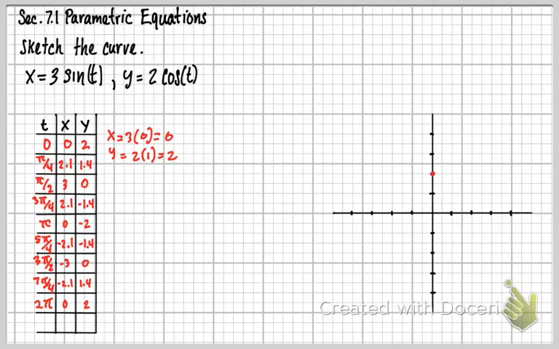And then 2.1, 1.4, and 3, 0, and then 2.1, negative 1.4, and then we have 0, negative 2. And then we have negative 2.1, negative 1.4.